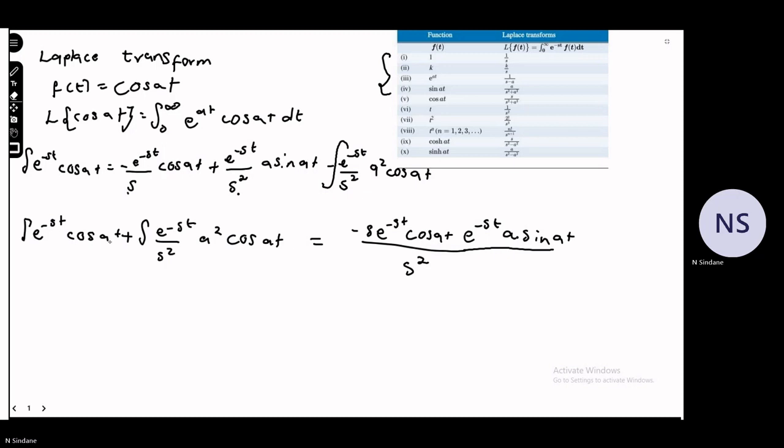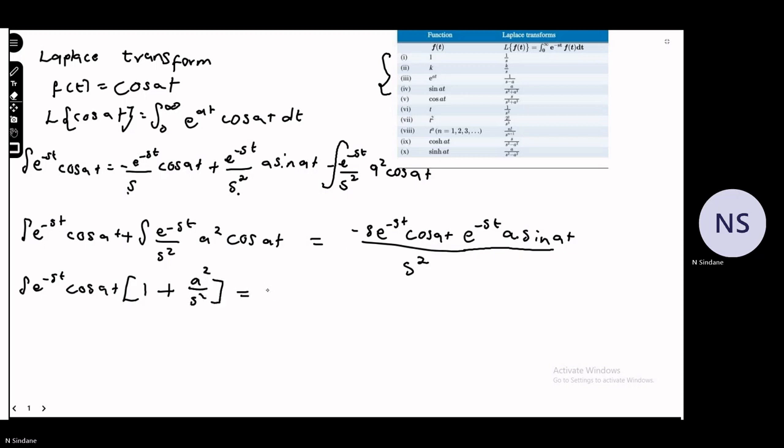Then here, I can take out a common factor of e to the power minus st, or the integral of e to the power minus st cos of at. Right? The integral of e to the power minus st cos of at into 1 plus a squared over s squared.